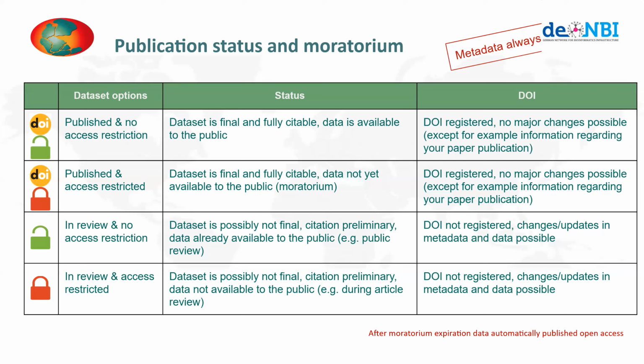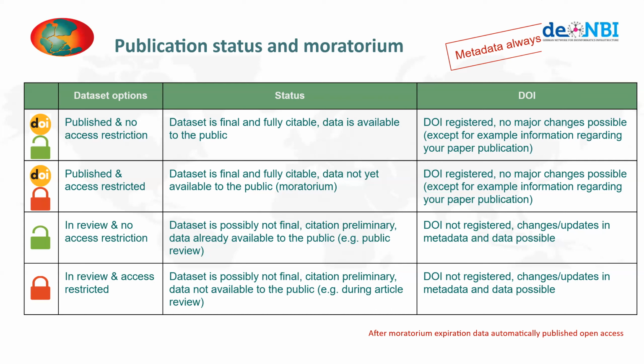If this is likely, we would recommend you to keep the dataset in review status at this stage, so that the changes are easier later, because at this stage the dataset can basically be changed in any way. It can even be deleted at this stage.